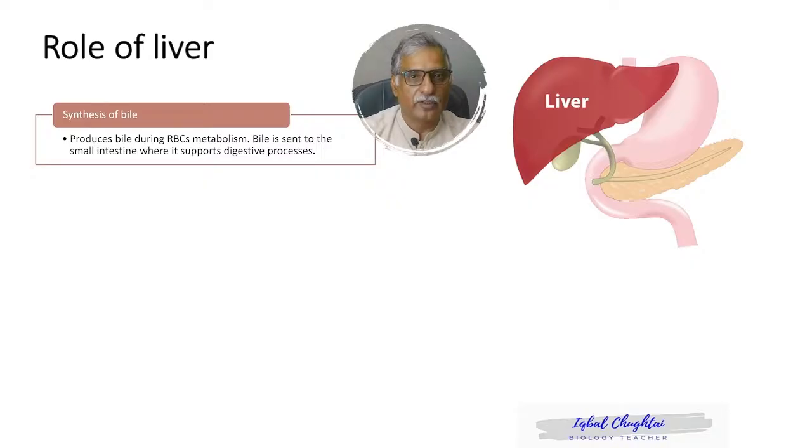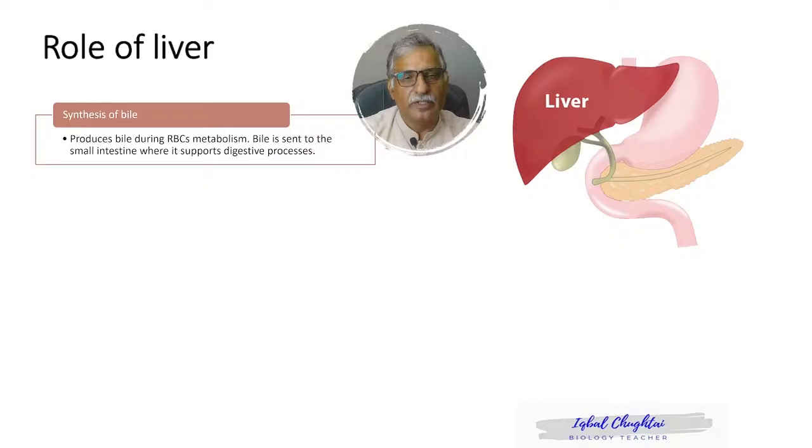Bile is extracted from bilirubin that is produced during red blood cells' hemoglobin metabolism, and this bile is temporarily stored in the gallbladder, and when it is needed, this bile is introduced into the small intestine, in the duodenum part of the small intestine, in support of digestion, in support of activating enzymes, in support of maintaining alkaline pH in the small intestine.